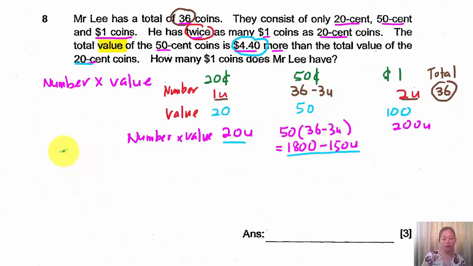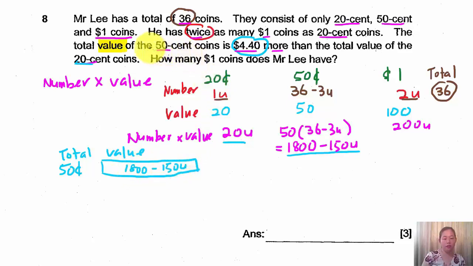Now we are talking about the total value. So for the 50-cent coin, the total value is 1800 minus 150 unit. And the value here for the 50-cent coin must be longer, right? Because it's more than the 20-cent coin.